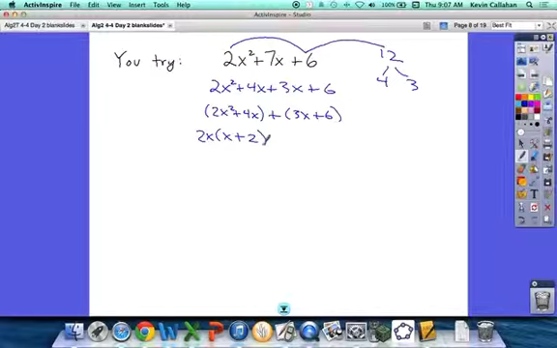What's the greatest common factor between 3x and 6? Plus 3. And since x plus 2 is in common to both of those, I can factor it. And what's left is, in this term, 2x, and in this term, plus 3.